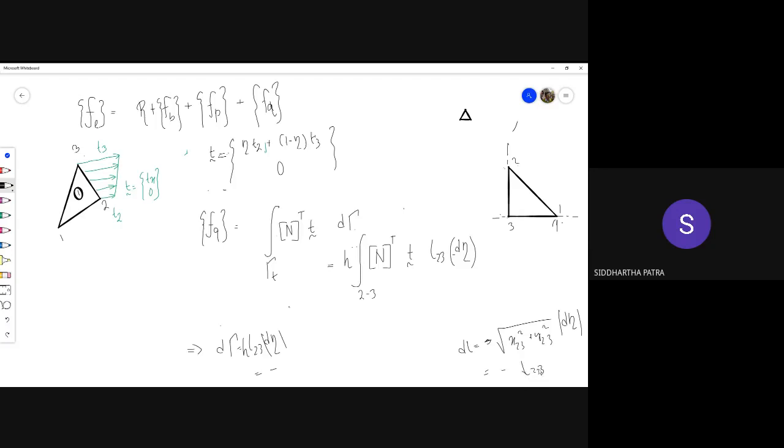So either I do that, or basically I integrate from 3 to 2. In either case, this is what it is going to be. If I'm integrating from 2 to 3, the limits are 1 to 0. But if I want to make this negative sign positive, all I have to do is integrate in reverse. So this is going from 0 to 1, and I'm not putting any negative sign over here. So you should be a little bit careful with the sign itself, otherwise you are going to get a negative force vector.